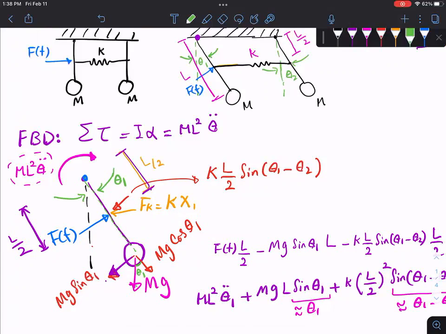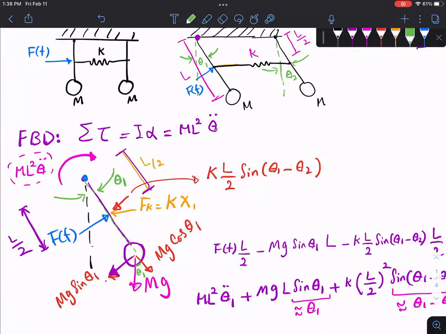Same for the force from our spring. Only the component of the force that has a lever to the pivot point will have an impact on the torques. Here we know F of k is k times x, right? But x here is a translational motion, and we have a rotational motion.